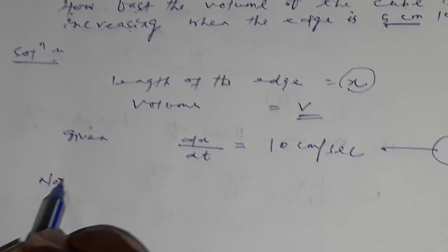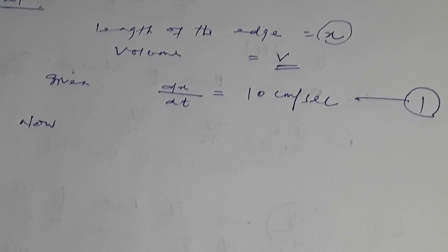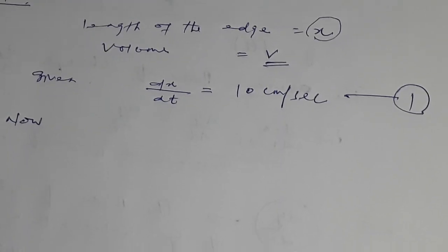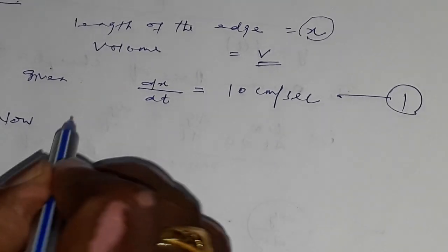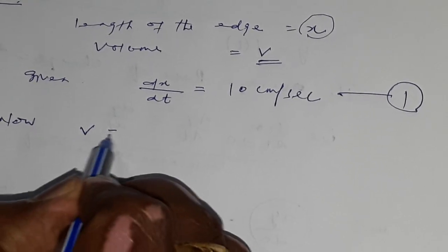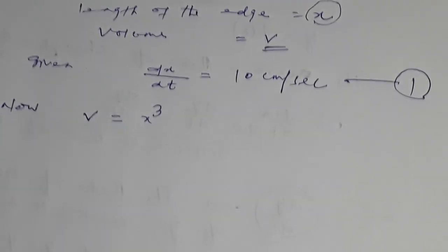Now, volume of the cube is equals to side cube. So, V equals x cube.